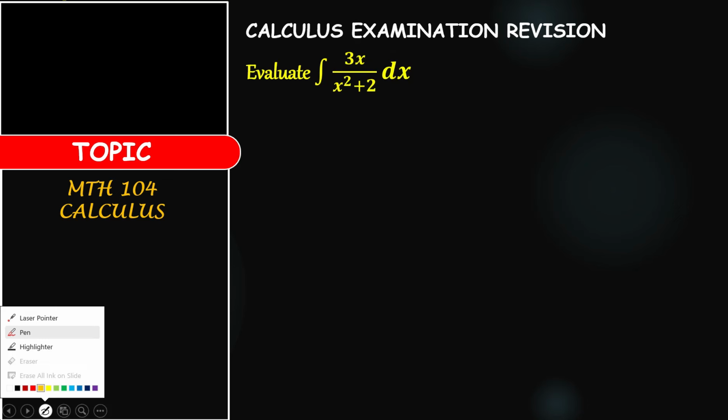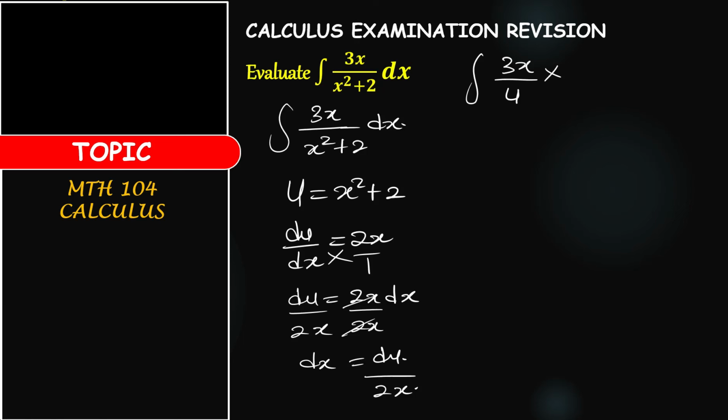Now you have all over 2x. So you have du over 2x. And then this cancels this. What do you think you are going to have? You are going to have integral of 3 over u times du over 2. Take this 3 out, 3.